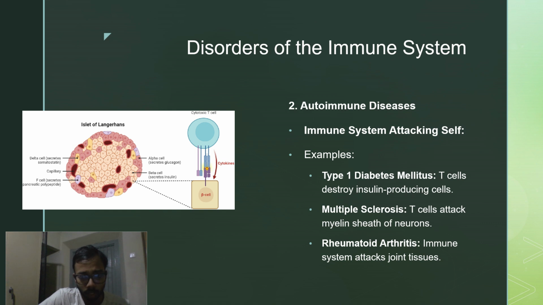Another autoimmune disease is rheumatoid arthritis, in which the immune system attacks the joint tissues in your body, so you get joint pain and joint inflammation. There are various other autoimmune diseases like autoimmune encephalitis and SLE, or systemic lupus erythematosus. There are so many other autoimmune diseases.